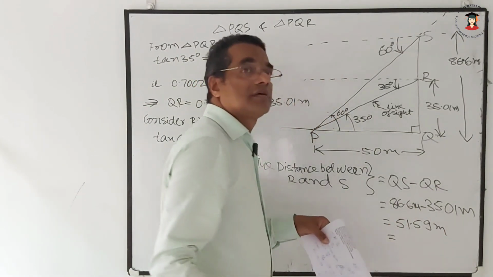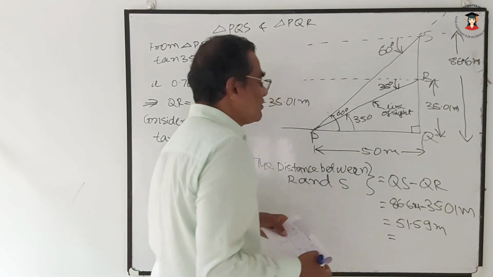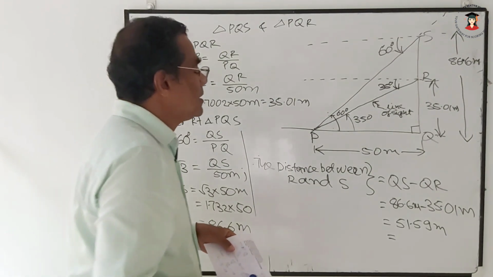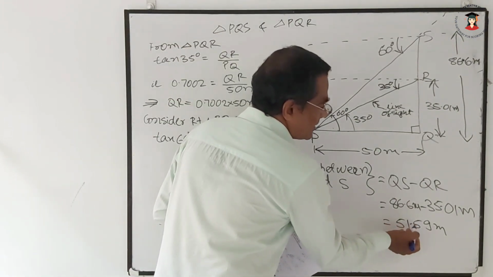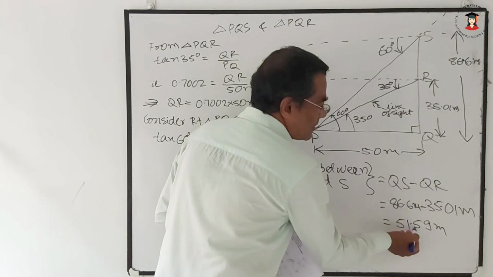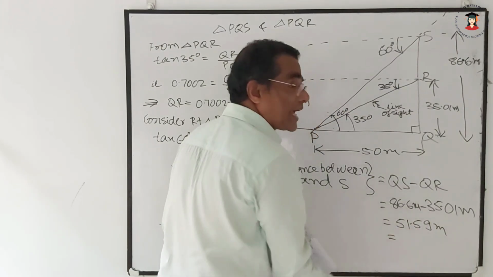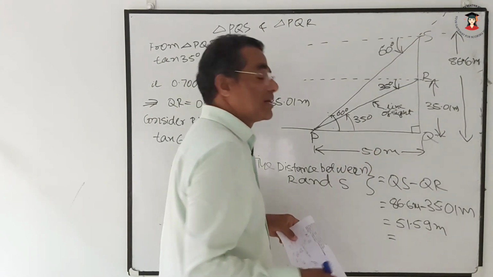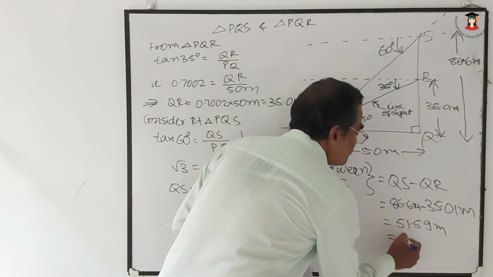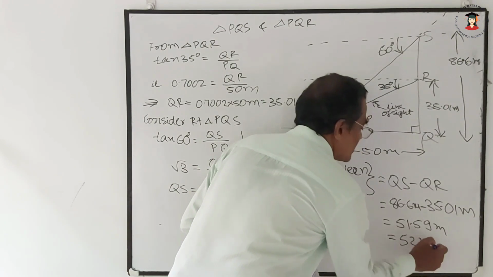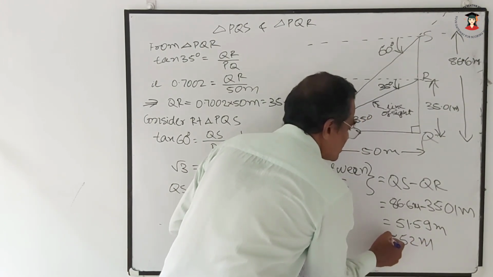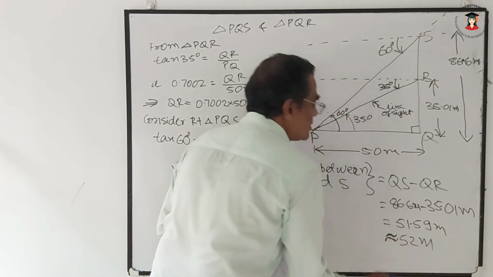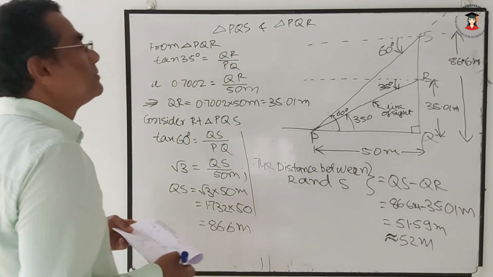So if we convert it to the nearest meter, 51 meter and 59 centimeter. Since after the decimal it is 59, it is more than 50, so we will take it as 1, so 51 will become 52. Answer is equal to the nearest meter, 52 meter.